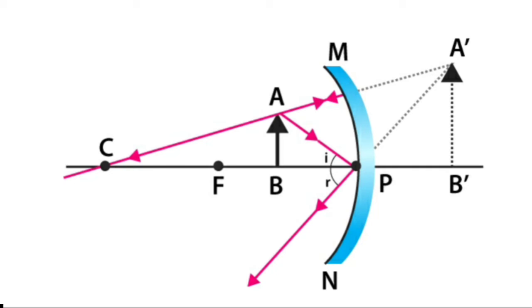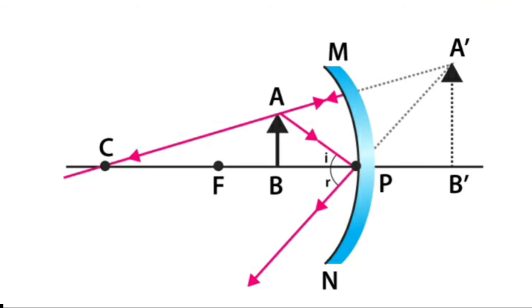Here, if we extend these rays behind the mirror, in this direction, then we will see that they intersect at a point which is lying behind the mirror, and from this intersecting point to the principal axis, if we join with a perpendicular line, then we will get the image.